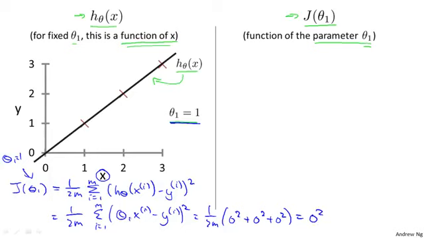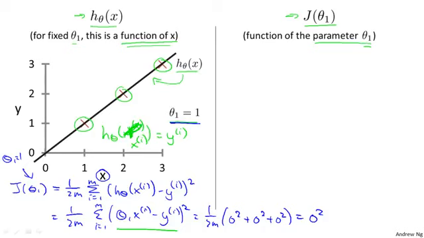Now, inside the cost function, each of these terms is equal to 0 because, for the specific training set I have, where my 3 training examples are at (1, 1), (2, 2), (3, 3), if theta 1 is equal to 1, then h of xi is equal to yi exactly.